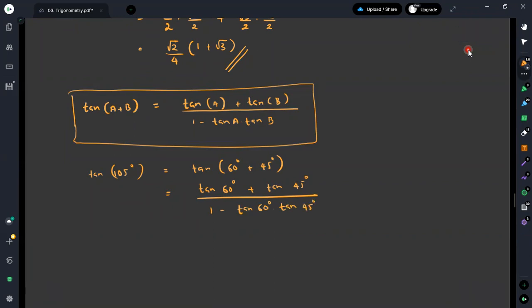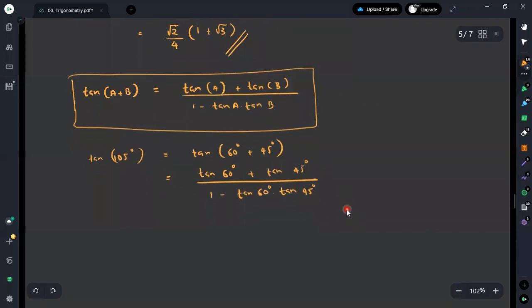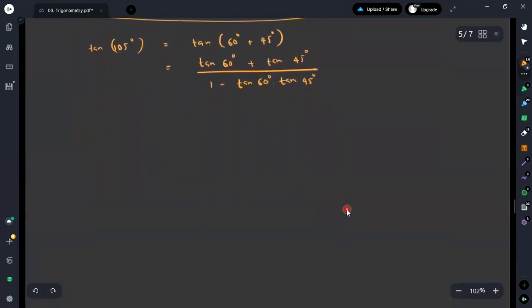Therefore, this is how we write the summation of two angles, this compound angle.